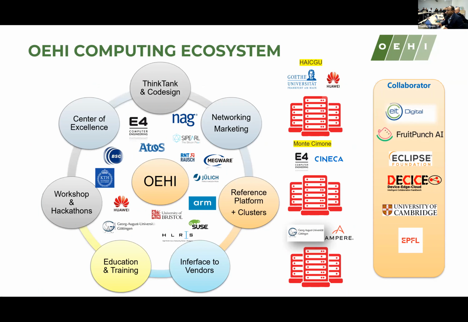If you see, there are a lot of current partners of OEHI here. University of Göttingen is one of them, which is the host for us here, and we are very thankful for them.